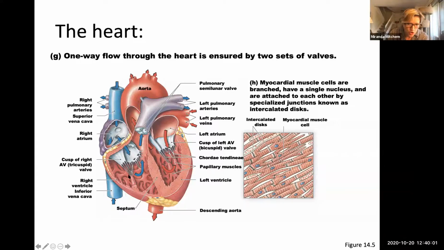And the strings of the AV valves attach to these papillary muscles so that when the muscle contracts, it pulls the valve open, allowing the blood to move from the atria into the ventricle. The timing of this is important and is coordinated. I mean, look at just the different size between the atria and the ventricle. The ventricle can hold a lot more blood than does the atria, and that's true on both sides of the heart.